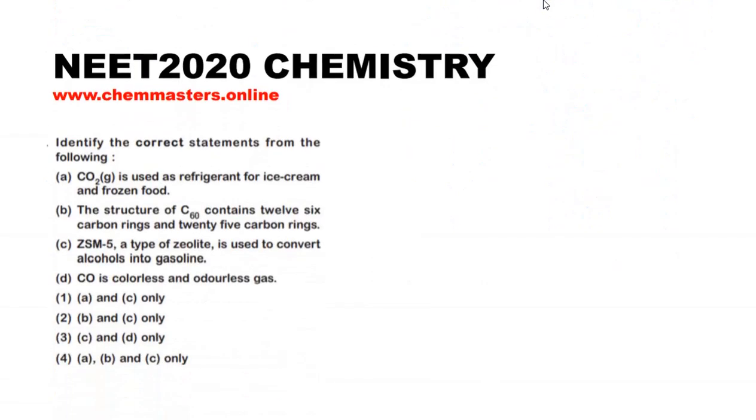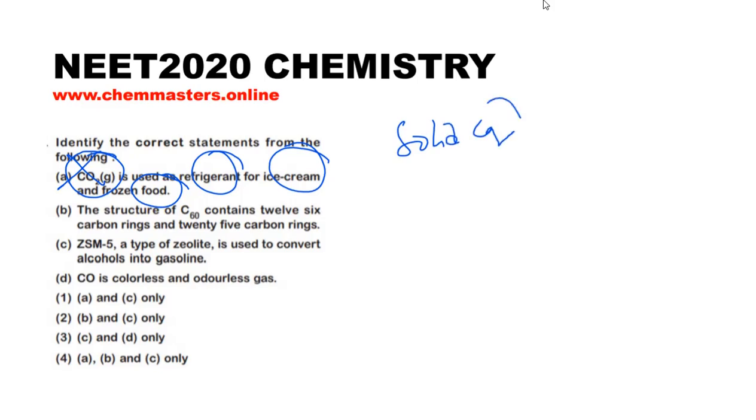The next question, identify the correct statements from the following. Here CO2 gas is used as a refrigerant for ice cream and frozen food. Many students get confused here. We have been given CO2 gas, but not CO2 gas, the solid CO2 is used as a refrigerant for ice cream and also in frozen food. So the first statement is the wrong one.